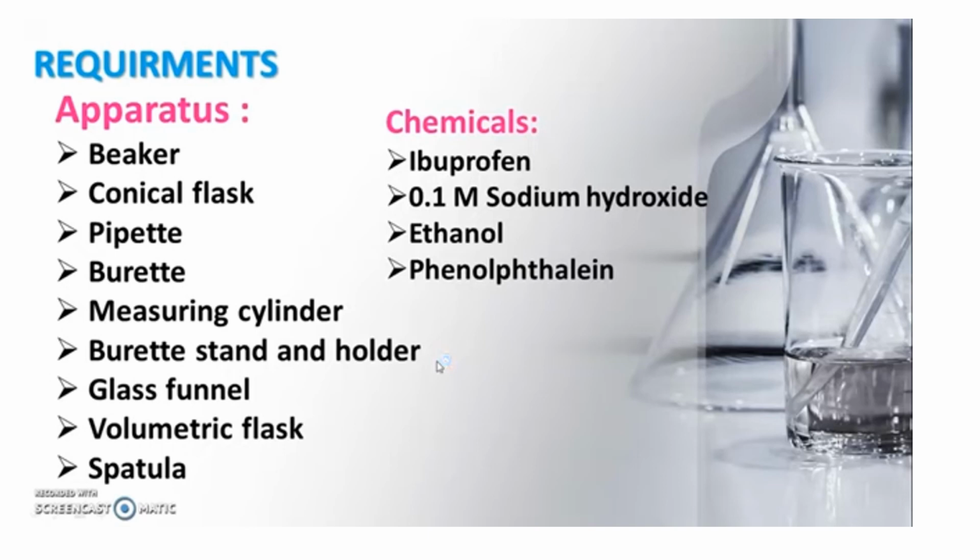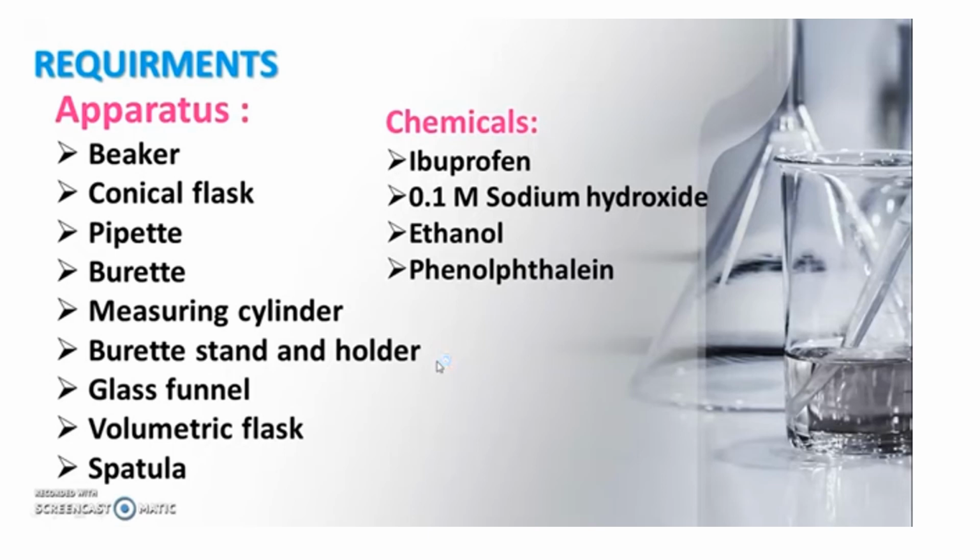We have to use this measuring cylinder, and the burette stand and holder are used for tightening your burette on the iron stand. A glass funnel is used for inserting the chemicals, especially sodium hydroxide, into the burette.